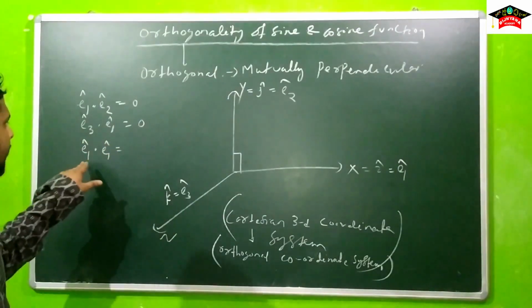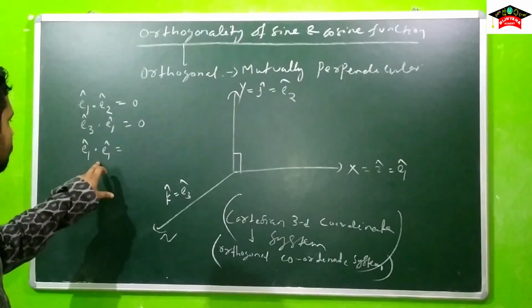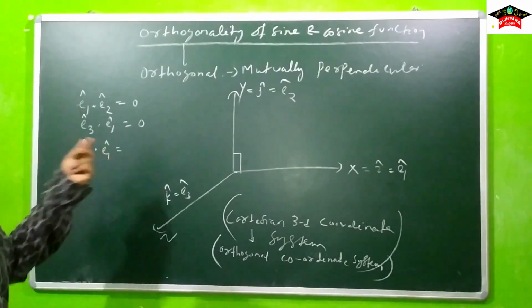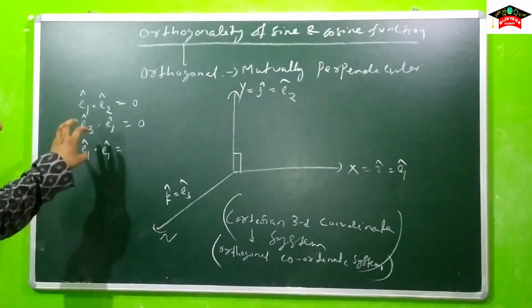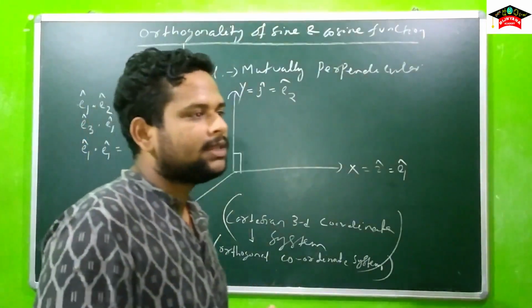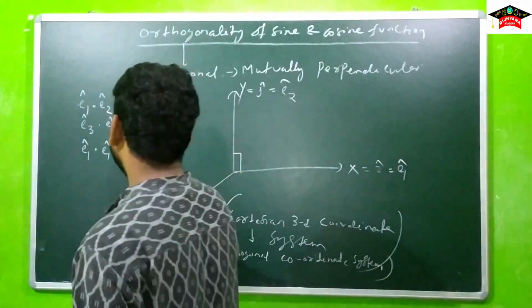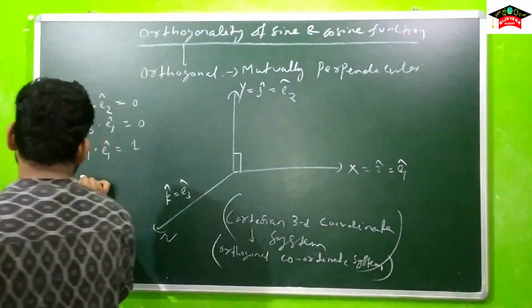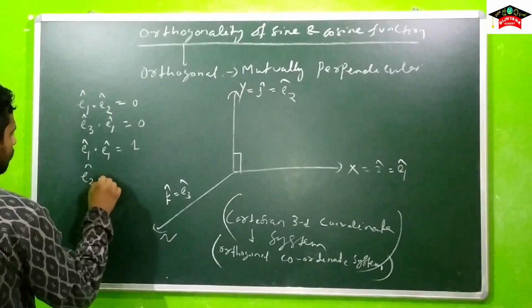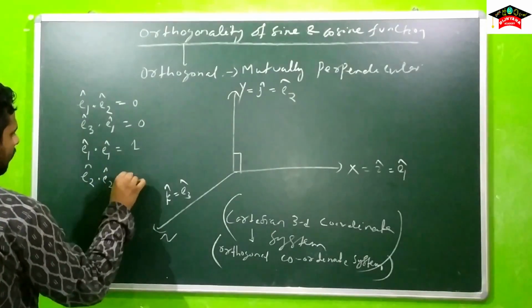It is similar to i cap dot i cap. The angle between them is 0 and the magnitude of each unit vector is 1. So cos 0 is 1, and we can say that this is 1. Similarly, E2 cap dot E2 cap is also 1.